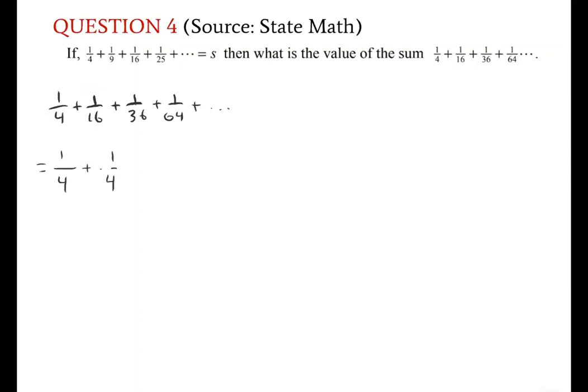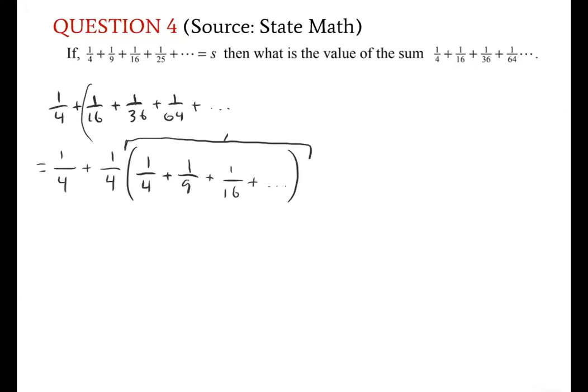we can divide the entire equation. We can take out 1/4 from the rest of the equation to get 1/4 times 1/4 plus 1/9 plus 1/16 ... So this thing conveniently is this.